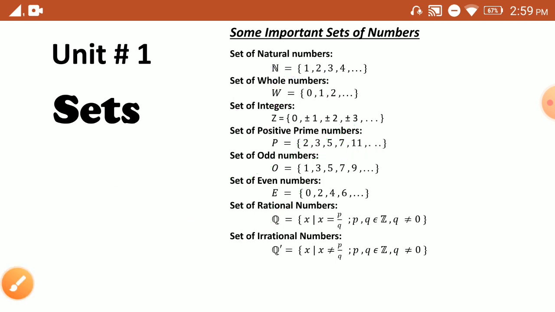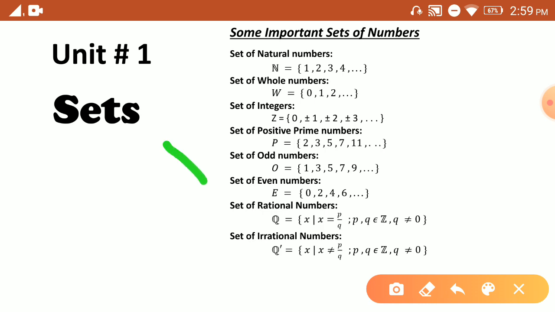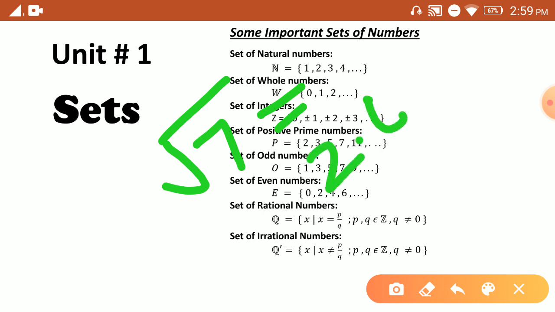Take one more example. If we have a number square root 7, square root of 7 is equal to 2.6457 and so on. It means it is a non-terminating decimal number, and we cannot write it as a fraction.